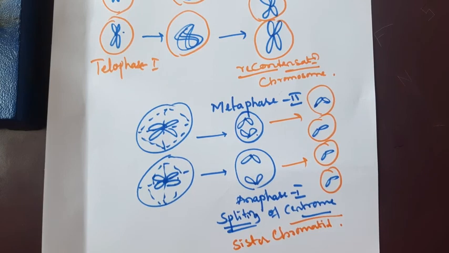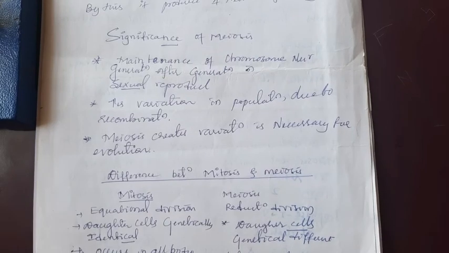This is all about meiosis division. Now we can discuss the significance of meiosis. Like we already discussed the significance of mitosis, now we will discuss the significance of meiosis. Okay. Here you can see the significance of meiosis: the maintenance of chromosome number generation after generation by sexual reproduction.